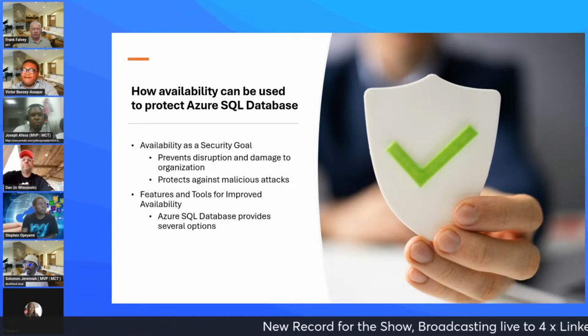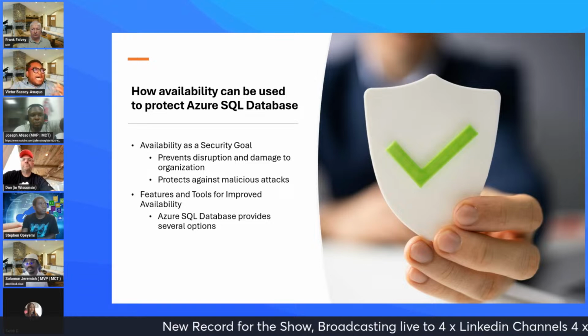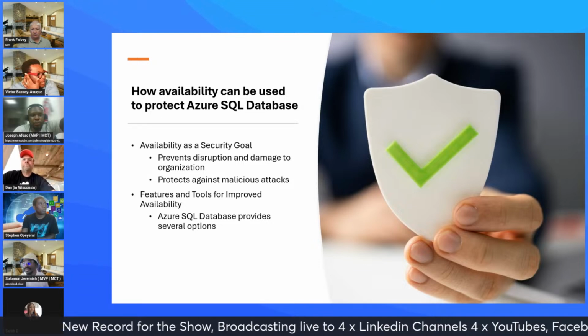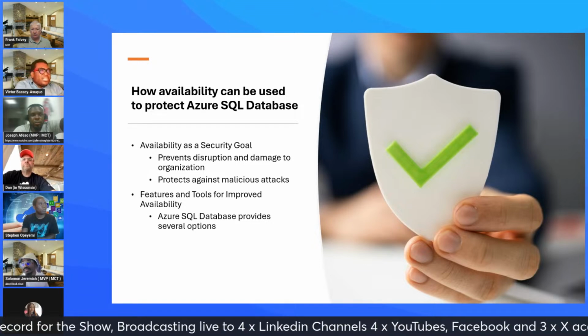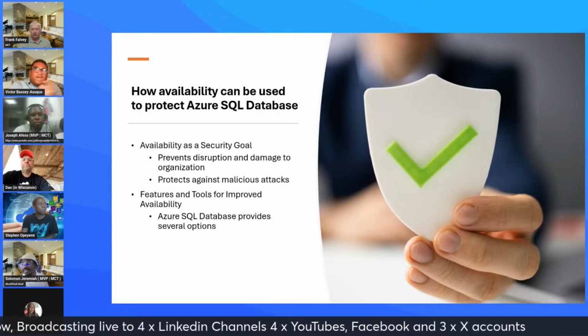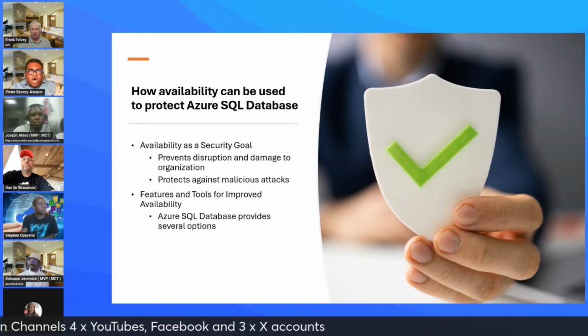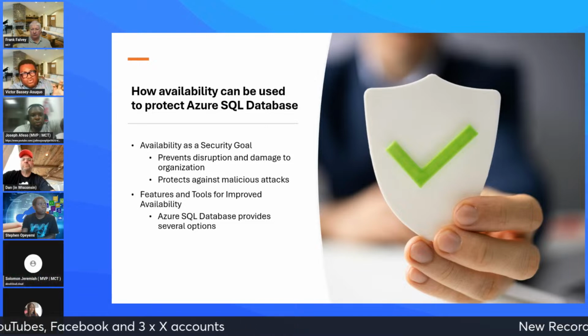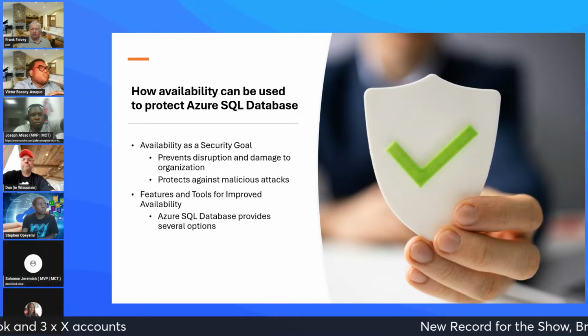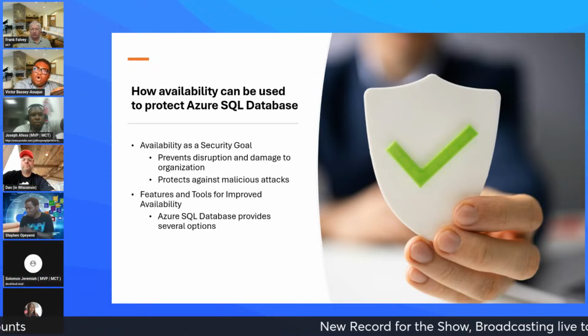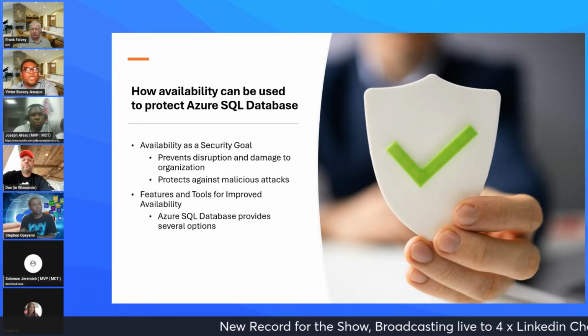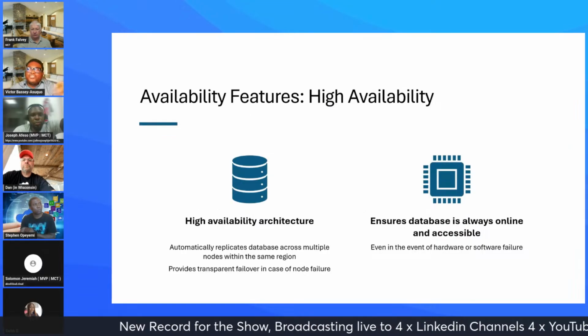Now, we have a lot of availability features as well. We've got multi-geo replication, we've got backups to URLs, and we've got clustering, and a lot of all those things that we have. I'm just going to maybe demonstrate one if we've got enough time within the console itself. Then we have some other high availability features as well.